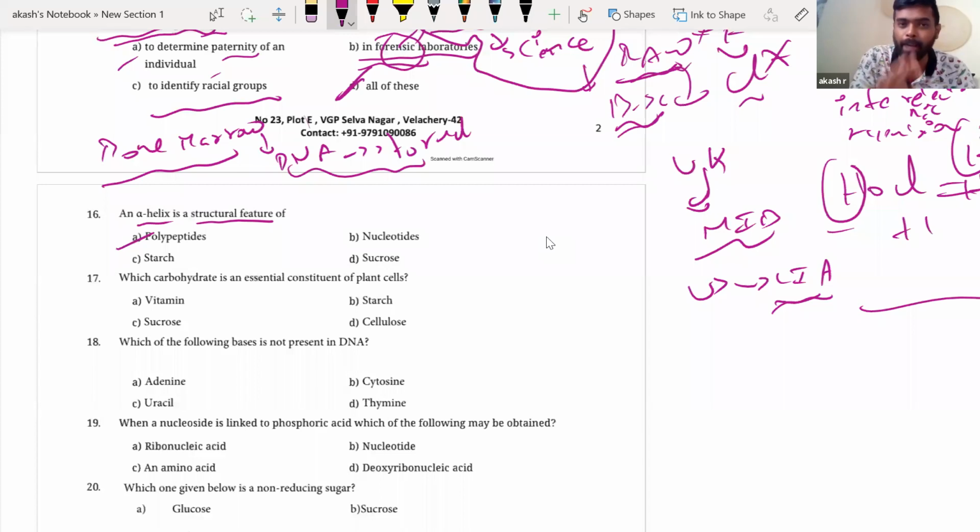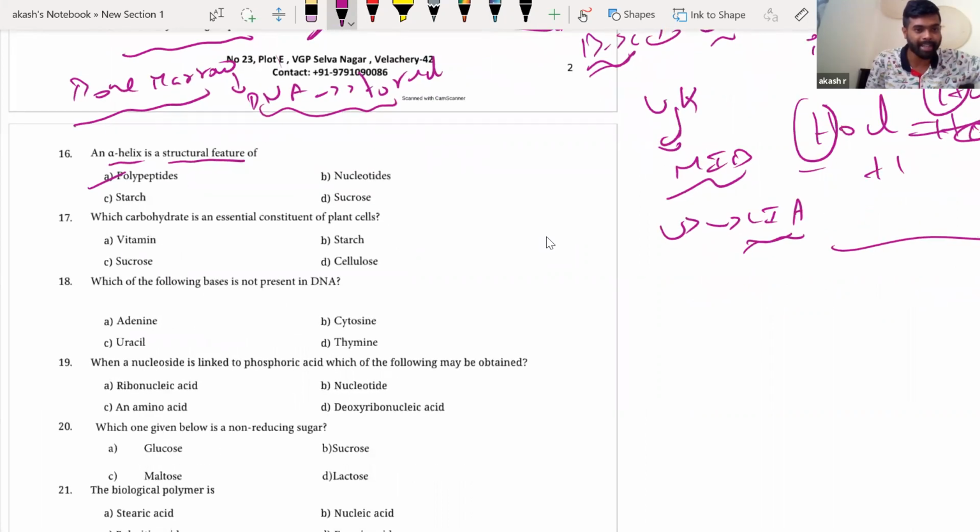Or when can a polypeptide become a protein? What is the criteria? When it has a molecular mass of more than 10,000 u. Very good. When the molecular mass crosses 10,000 u, then it becomes a protein.